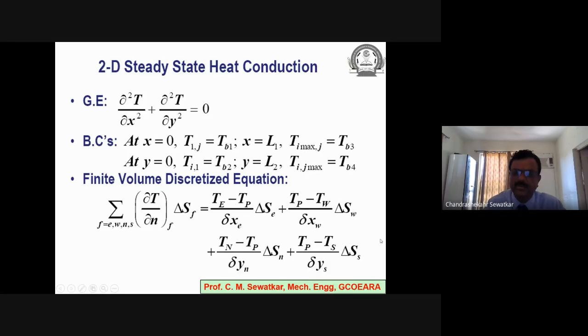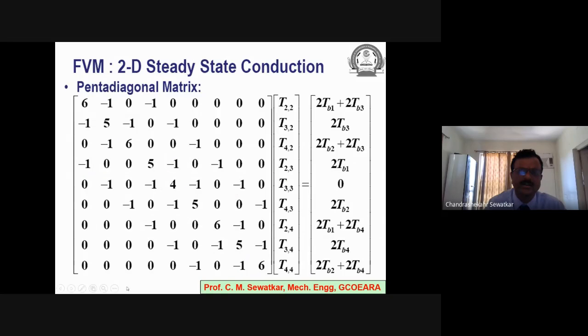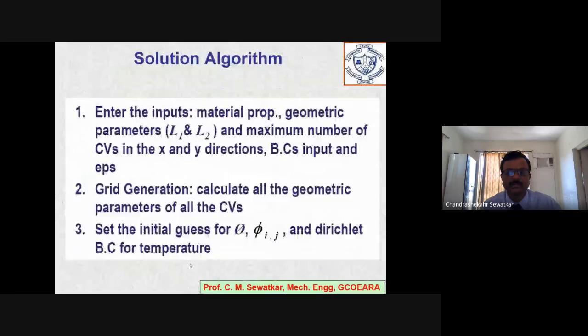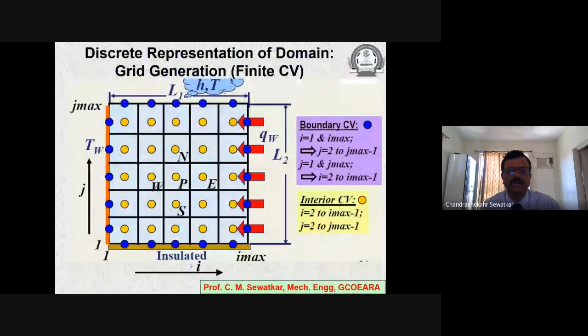If I write the equation for each and every cell center, then I can write as many equations as unknowns as there are cell centers. So for example, I can write 25 equations for 25 cell centers.